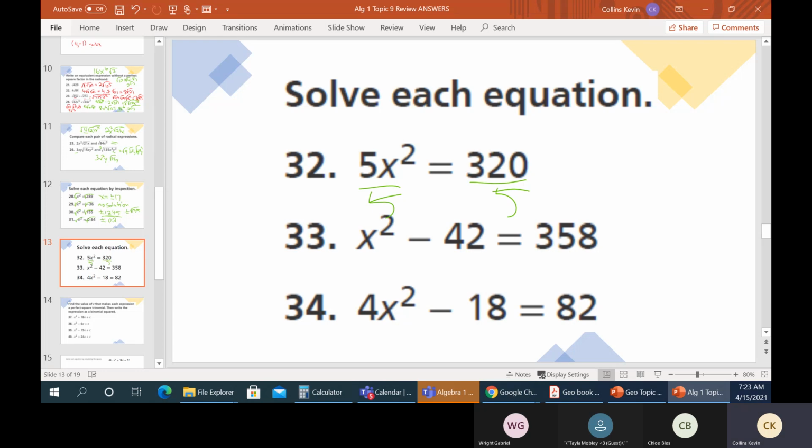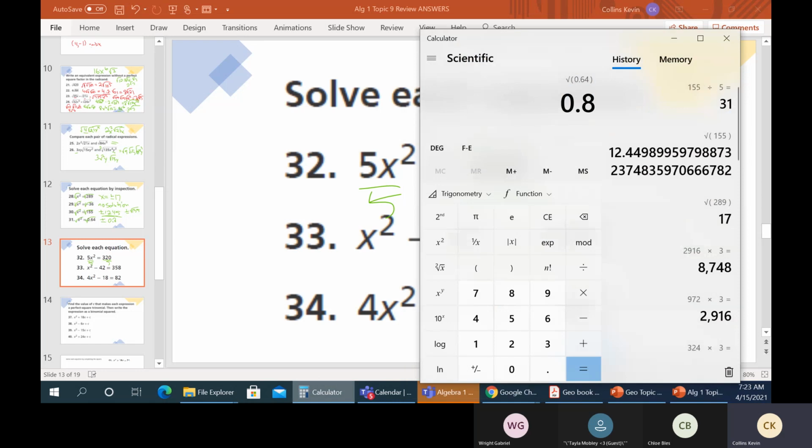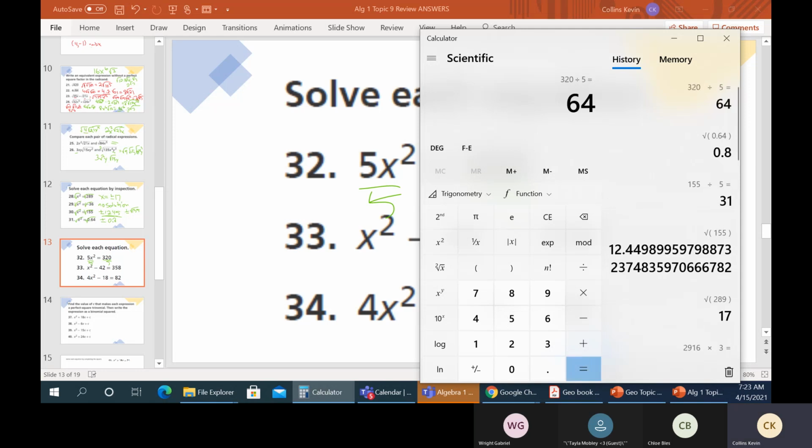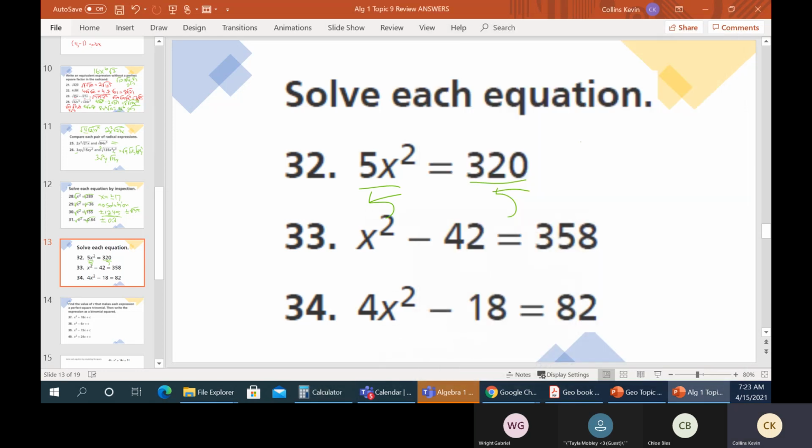So 320 divided by 5 is 64. Well, beautiful. So x squared equals 64. We know 64 is a perfect square, so x, take the square root of 64, we get 8. Just remember it's plus or minus 8, and I'm rapidly running out of space as usual.